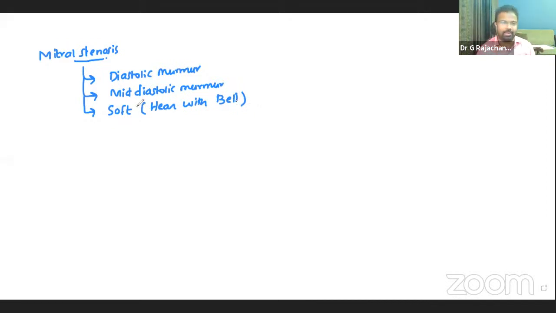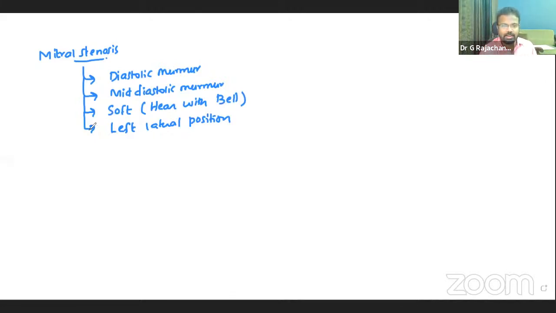Please use the bell. Next important thing, the patient should be in left lateral position. If the patient is lying down on the back, ask the patient to turn to the left side. When the patient is turning to the left side, it is at that time you auscultate, you will be able to hear this murmur better.